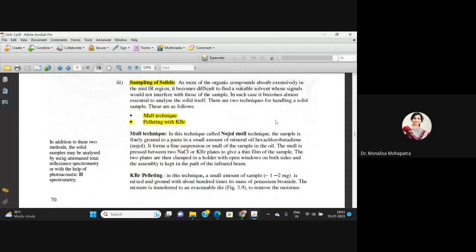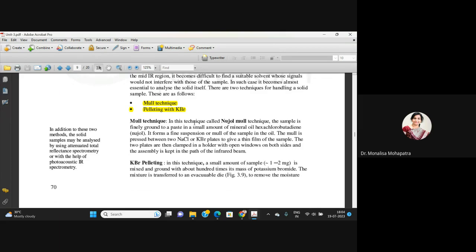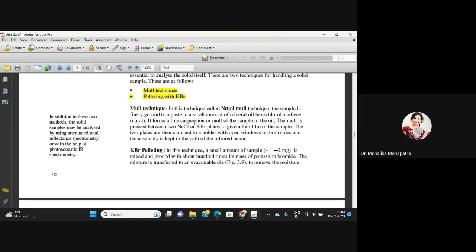But mostly, wherever you go, solid samples are basically used for IR spectroscopy, and two techniques are mostly used. One is the mull technique, another is pelleting with KBr. Quite often in FTIR spectroscopy, we use the pelleting of KBr method. Here you can see the mull technique.